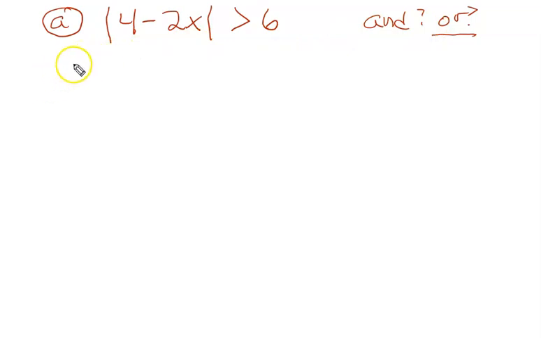So let's write it out without the absolute signs. We just write it like so, just like we were doing equations. Now this is an or. So now we write it again. But now we're going to change this to a negative, and we need to reverse this inequality sign.